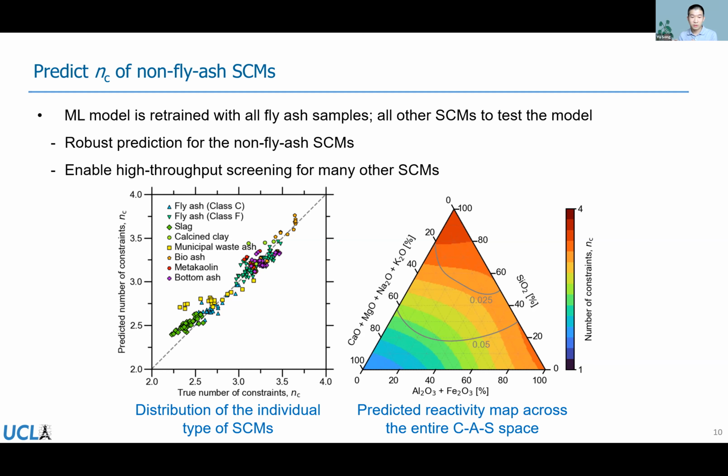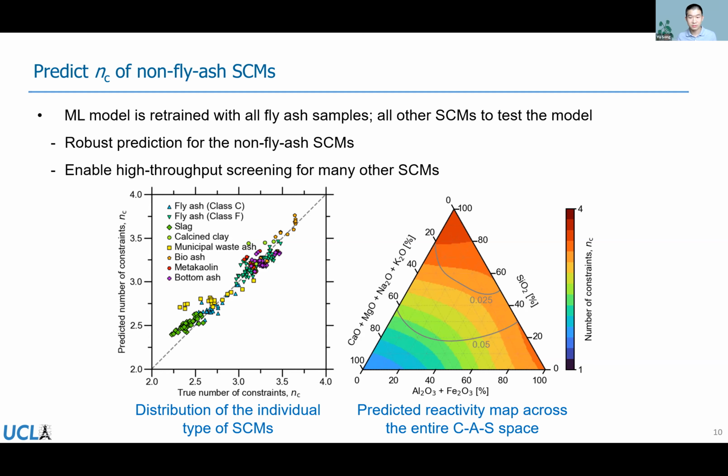So basically, you can see that for both the flash and the non-flash samples, our model can achieve fairly high accuracy. And indeed, beyond that, our model can also predict the reactivity of another type of SCMs, and this is indicated by the plot at the right side.